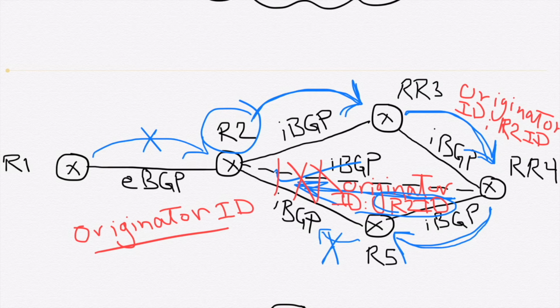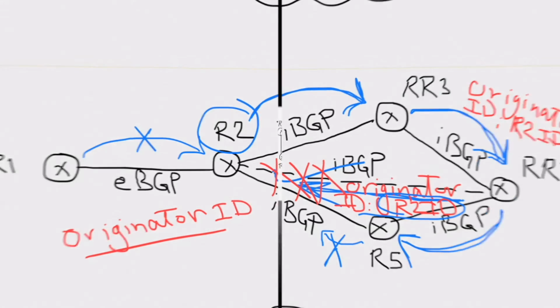When the iBGP update arrives at R2 and R2 checks the originator ID and finds out that the originator ID is the ID of R2 itself, it would discard the iBGP update coming from RR4, and that would prevent iBGP routing loops from occurring between R2, RR3 and RR4 using the originator ID attribute.